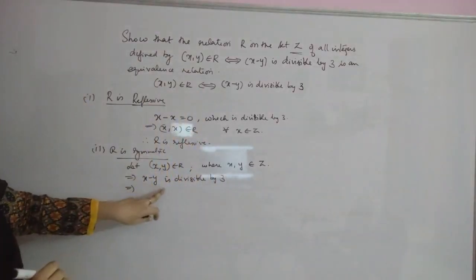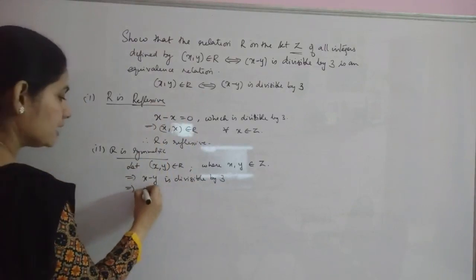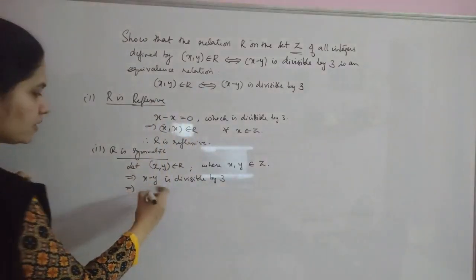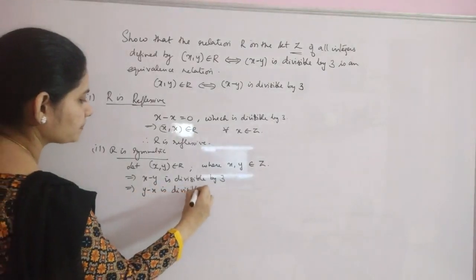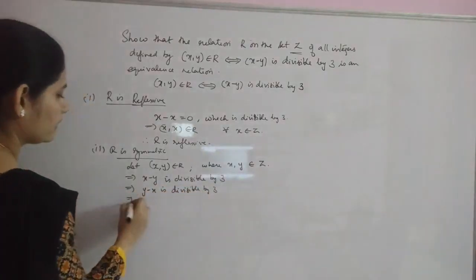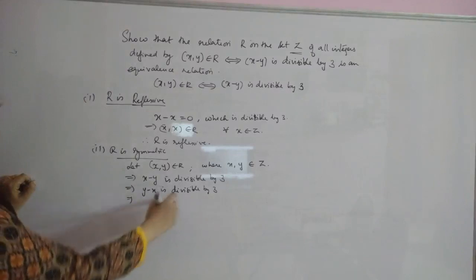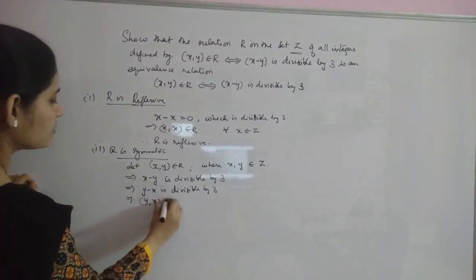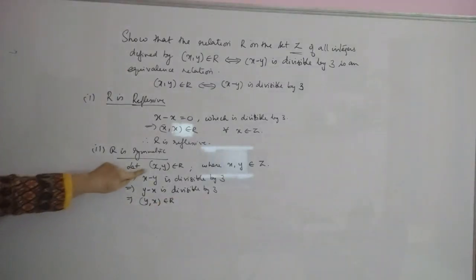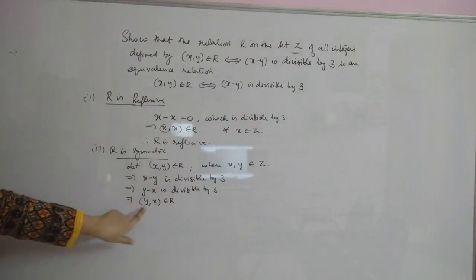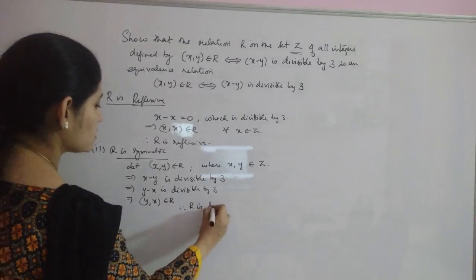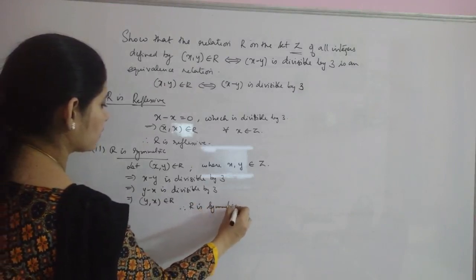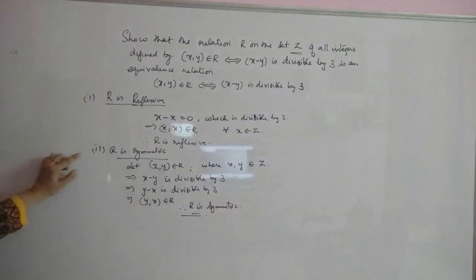And if x minus y is divisible by 3, the negative of that is also divisible by 3. That means y minus x is also divisible by 3, which means y comma x belongs to R. So for any xy belongs to R, you are getting yx belongs to R. Therefore R is symmetric. Okay, that is the second one.